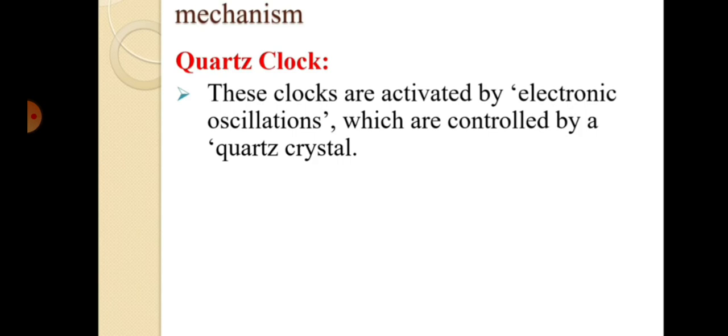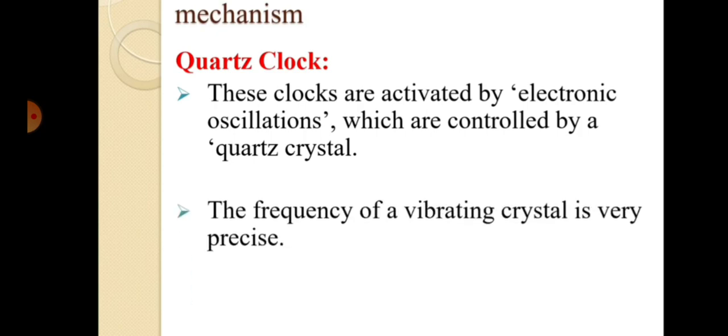So the clock is called quartz clock. The clock consists of a system that will continuously send waves or signals. Those signals are controlled by the quartz crystal.